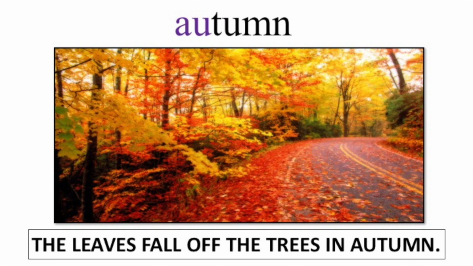Autumn. Yes. The same two letters, AU, at the start of the word, autumn. The leaves fall off the trees in autumn. So AU, or. And you can see the pretty colours in the picture here. This is autumn, when all of the trees shed their leaves and the leaves fall on the ground.